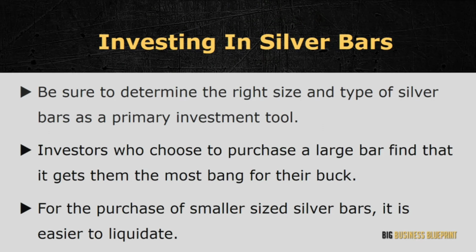Some mints sell them in fractional or gram sizes. There's no right or wrong weight in purchasing silver bars, as this is a personal choice. Generally speaking, investors who choose to purchase a large bar find that it gets them the most bang for their buck. For the purchase of smaller sized silver bars, it's easier to liquidate.